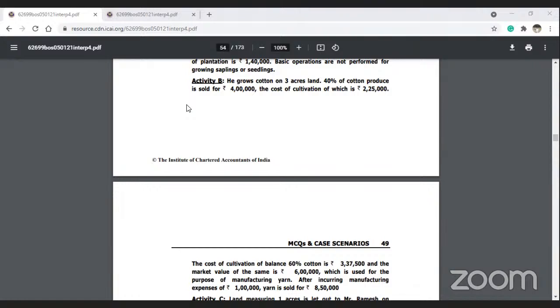Therefore, non-agricultural income is equal to sale proceeds of industrial product, for example sugar, minus market value of agricultural product used as raw material, minus industrial expenses. Note, cost of cultivation is not to be charged as expenses. And agricultural income is market value of agricultural produce as raw material minus cost of cultivation.